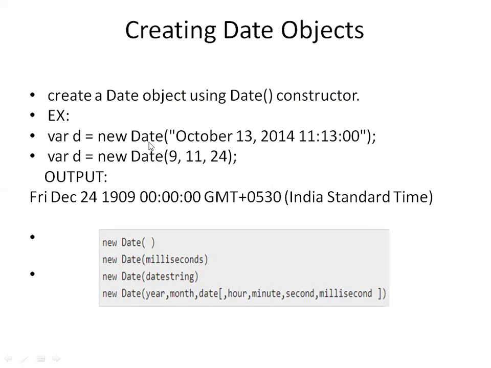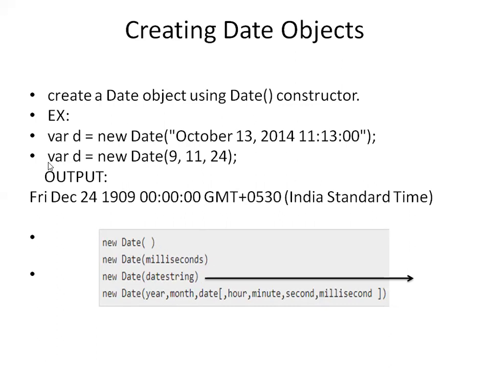This is a string data type because it is enclosed within double quotes. Therefore, the Date constructor has only one argument of type string, which matches case 3, that means new Date(date string).